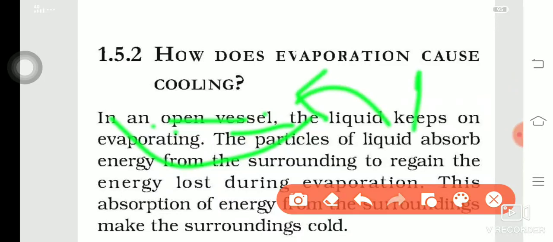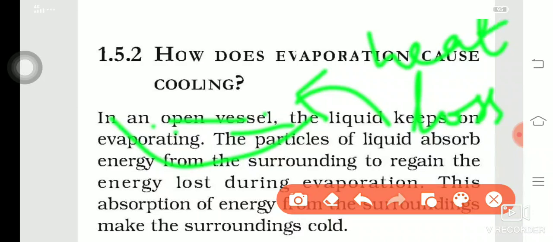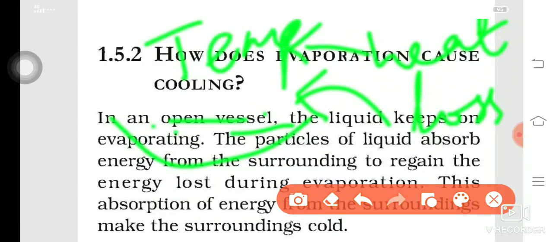So what will happen here is energy loss. Energy here we are talking about is heat loss, right? So heat means temperature, so the temperature keeps going down. Why is this happening? Because the water takes the energy from the surrounding and changes into vapor.